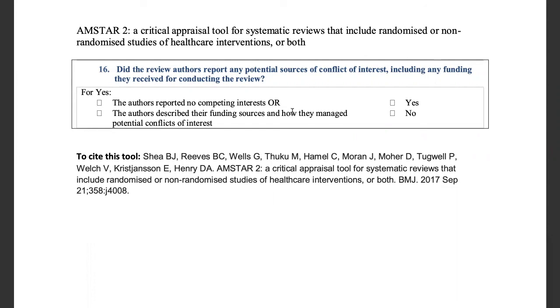If the authors reported no competing interest, or if the authors described their funding source and how they managed potential conflicts of interest, it should be yes. And if none of this information is reported, it's definitely no.